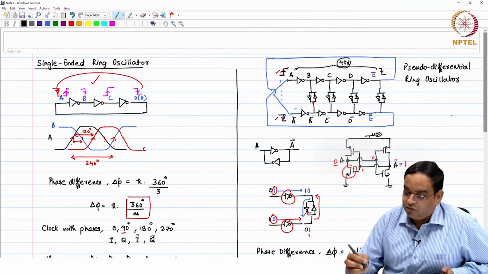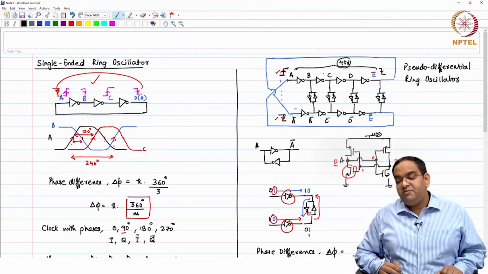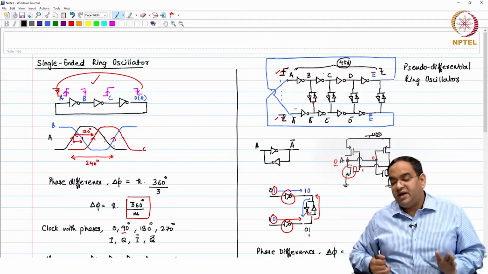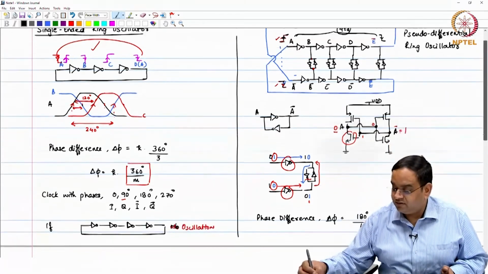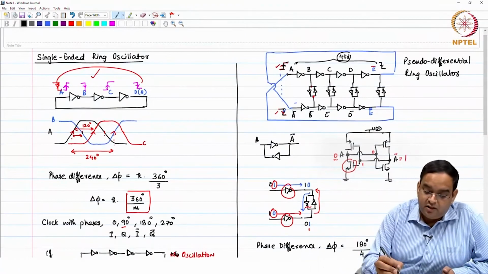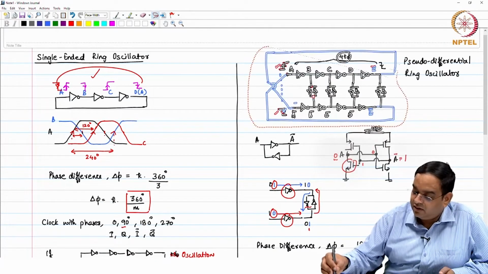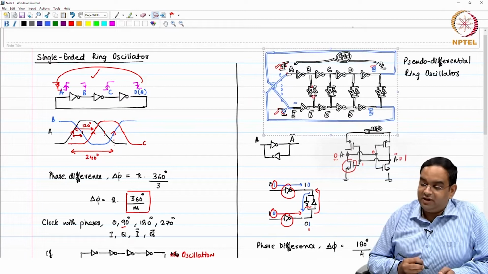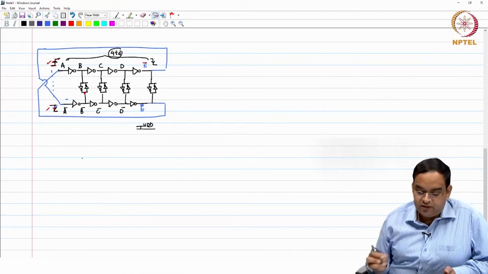Okay. So, your phase A, then the phase difference is going to be 45 degree, in plus or minus, and then you will have a 180 degree phase. So, for example, let us just look at this oscillator and make sure that whatever is happening, we understand it correctly. Okay. So, this is the oscillator.